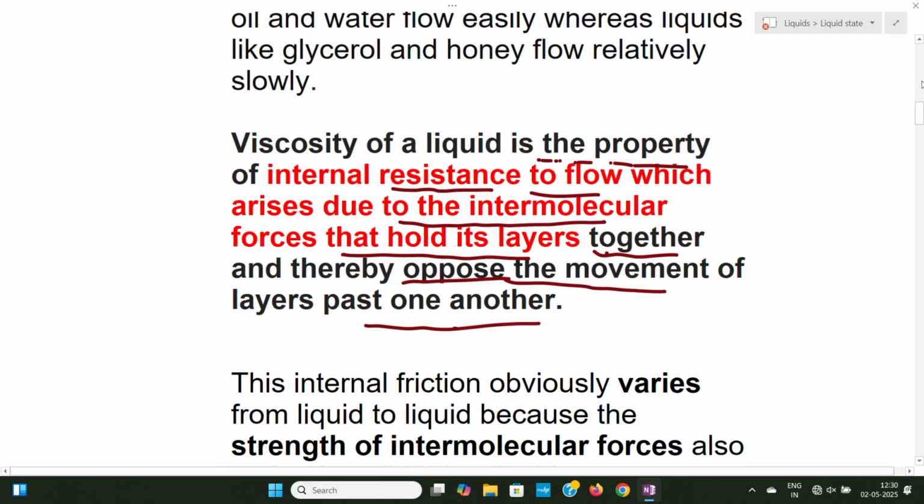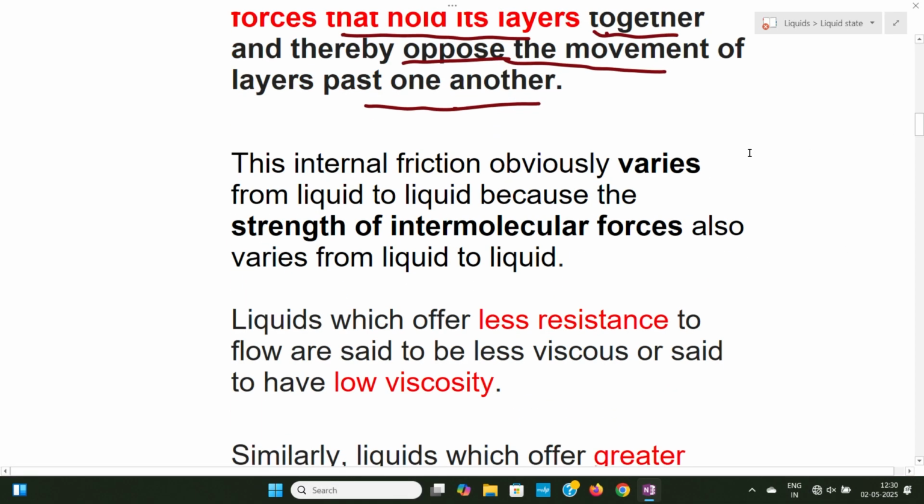Then the viscosity varies as the strength of the intermolecular forces varies. We saw in the beginning of this chapter that in liquids, the molecules are held together by intermolecular attractive forces. If the intermolecular attractive forces are strong, those liquids will be more viscous. If the strength of the intermolecular forces is less, those liquids are less viscous.